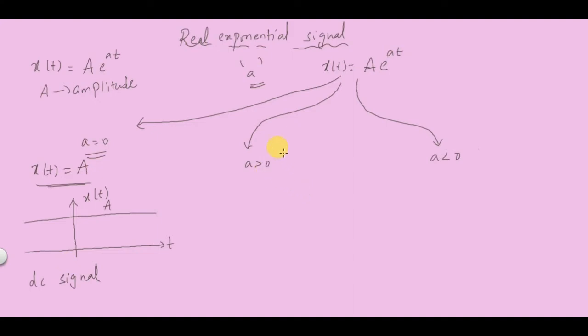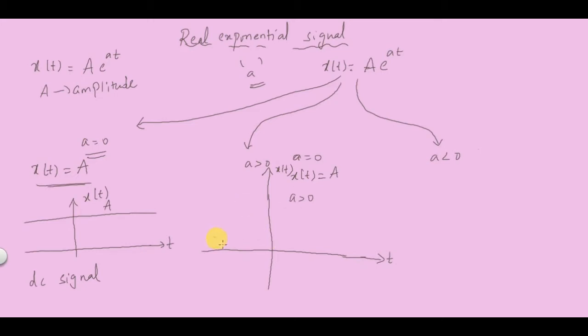Now, if a is greater than 0, what will happen? Here is x of t versus t.